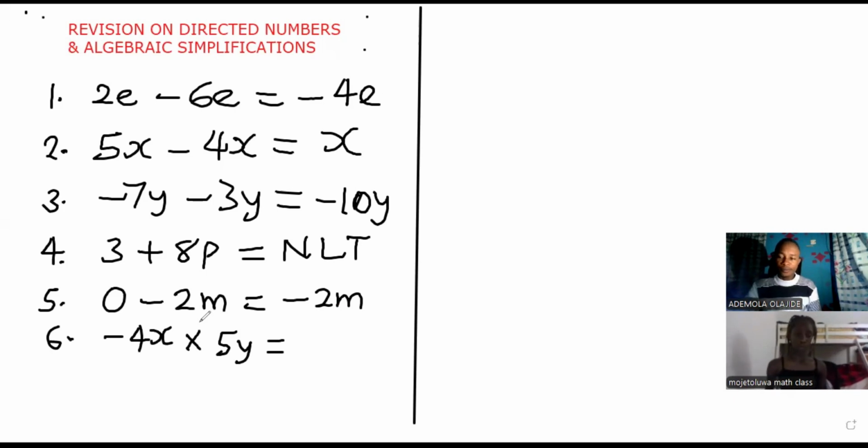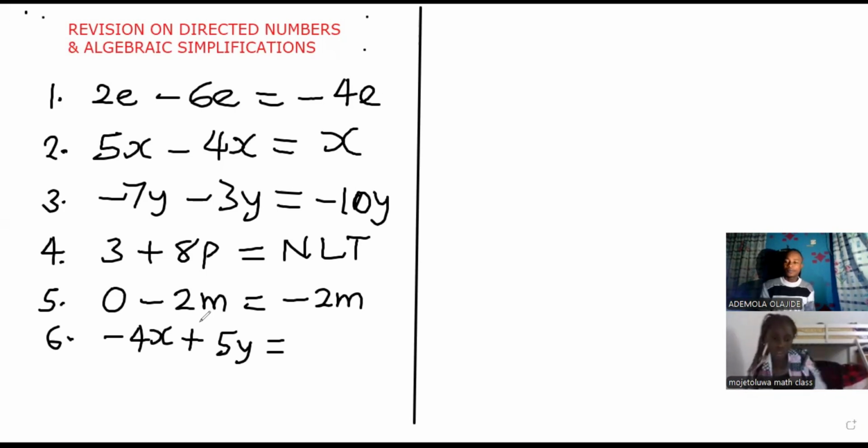Oh, sorry, I made a mistake. I don't want to include multiplication yet. This I want to say plus. Sorry about that. Negative 4x plus 5y. Not multiplication yet.